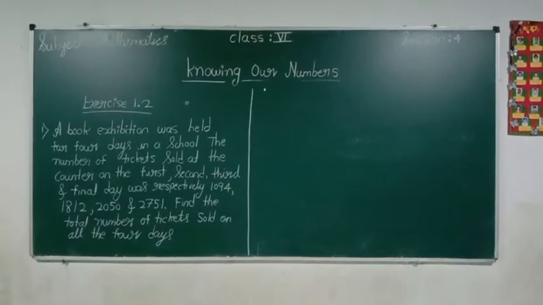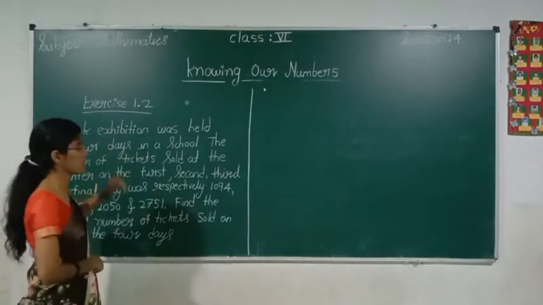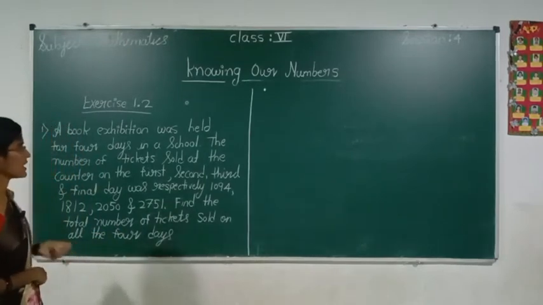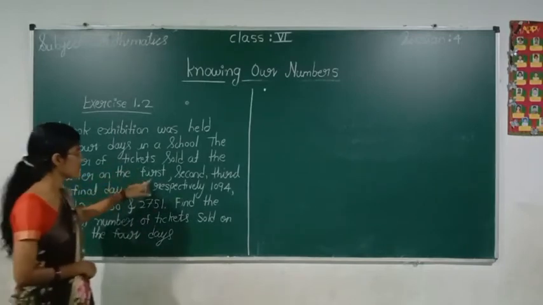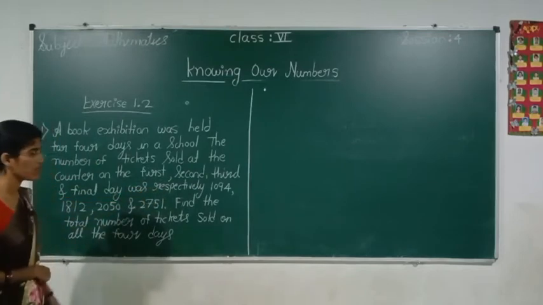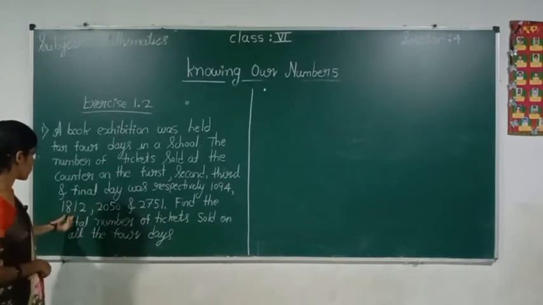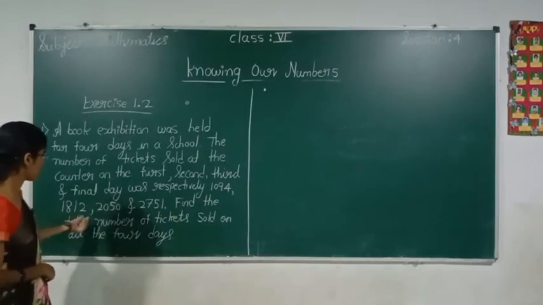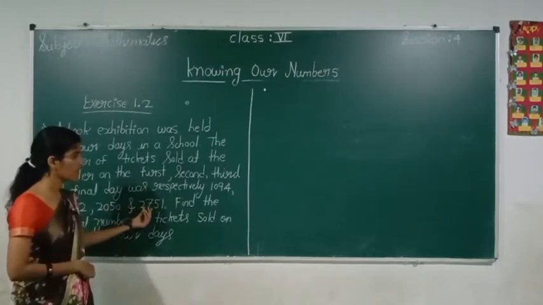Now see students, we will solve exercise 1.2 first problem. A book exhibition was held for 4 days in a school. The number of tickets sold at the counter on the first, second, third and final day was respectively 1094, 1812, 2050, 2751.